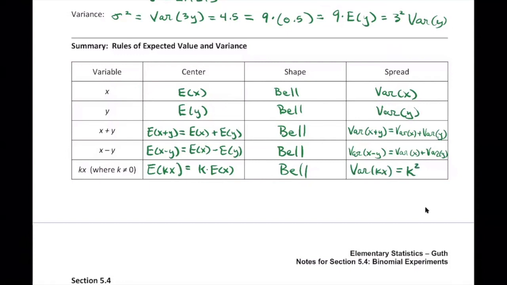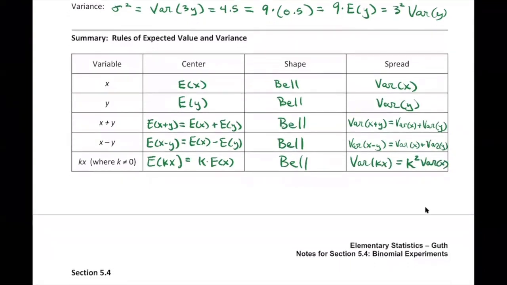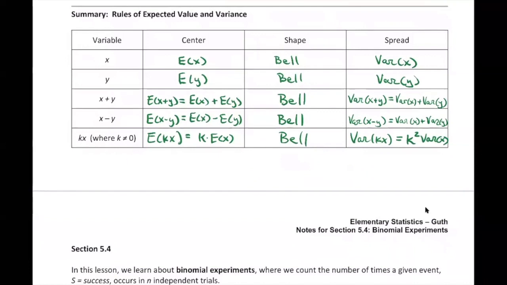So you get k squared times the variance of x. Those are the principles we need to carry forward whenever we look at a new distribution of some variable. Sometimes we have to bring up these rules to figure out what the mean and the standard deviation are, the standard deviation being the square root of the variance. We'll start with figuring out the mean, then the variance, and from that we'll get the standard deviation.